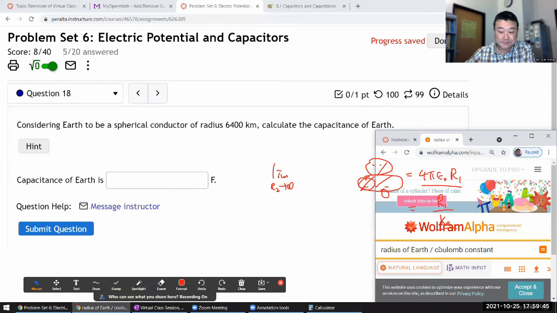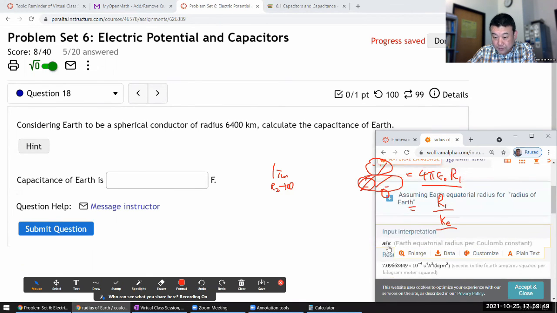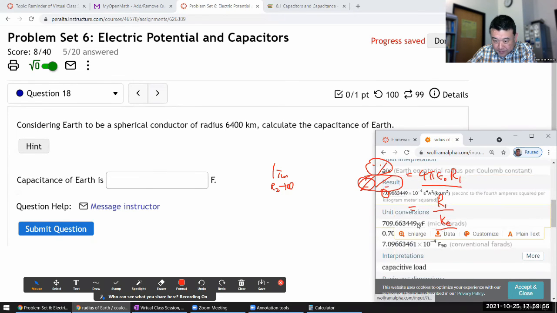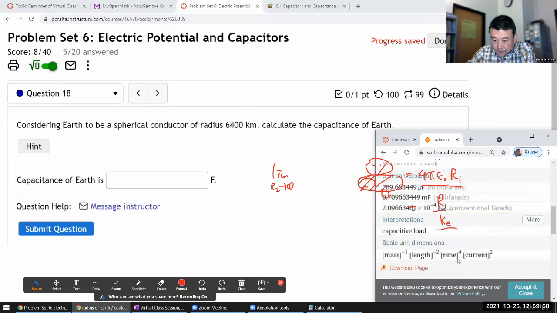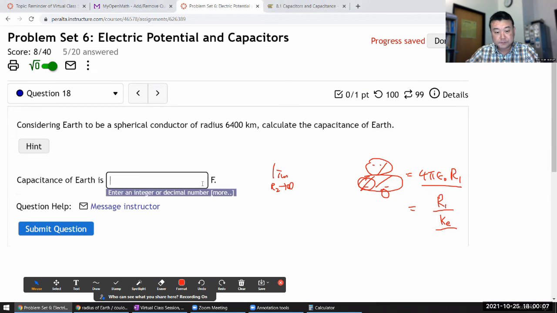Yeah, that's right. And one of these units is in farad, so conventional farads. Okay, 7.10 times 10 to the power of minus 4 farad.